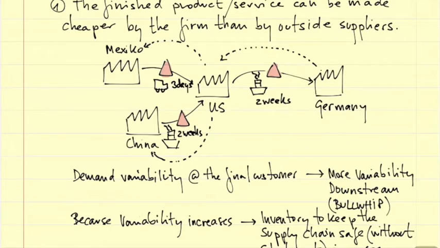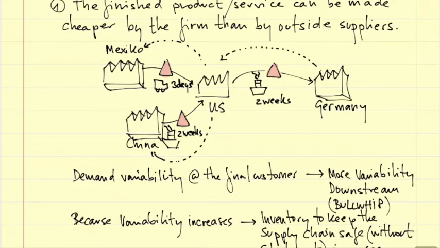I have 3 days inventory in the truck, and I have 2 weeks inventory between China and the US. So I have around 5 weeks inventory only in my trucks, in the logistics. And now imagine I have a quality problem or I have a design change to perform. So all this inventory is useless. Okay. And this means that the cost is always increasing.